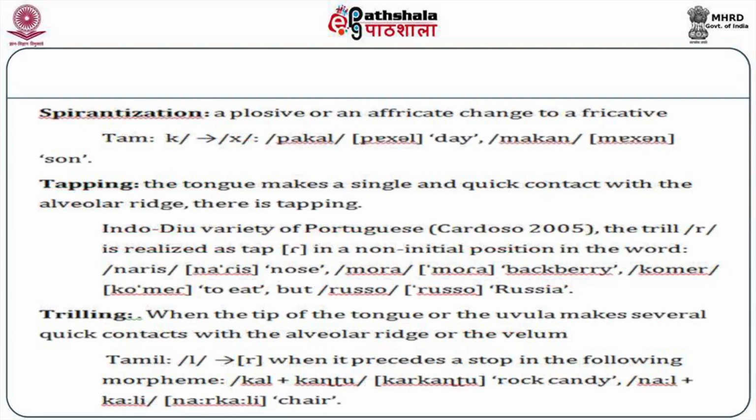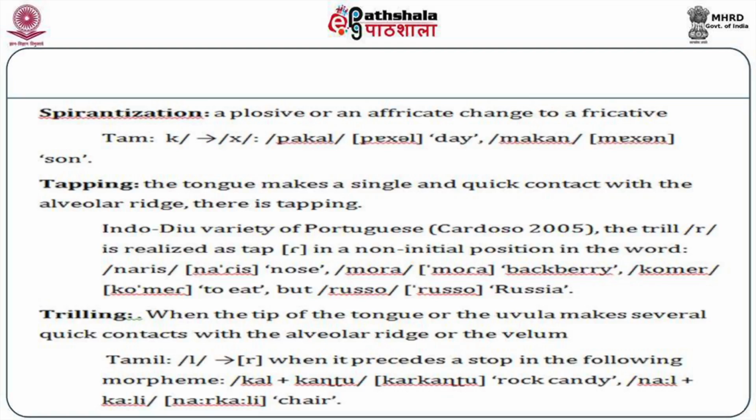A common type of change of manner of articulation is spirantization, that is, a plosive becoming a fricative. That is, for example, a k becomes a kh, a p becomes a f, a t becomes a s. Examples illustrating spirantization are the following. In Tamil, k becomes kh, so thus pakal becomes pakal, means day.